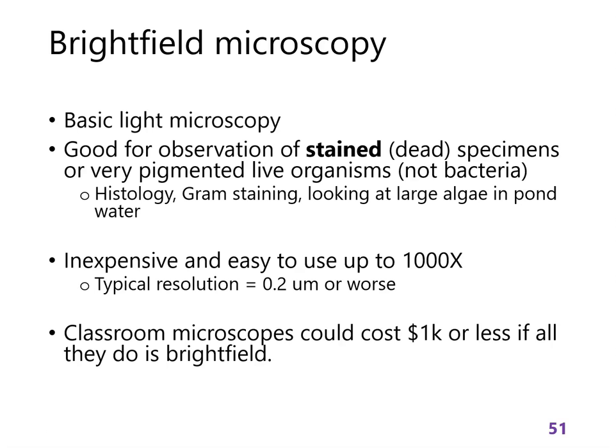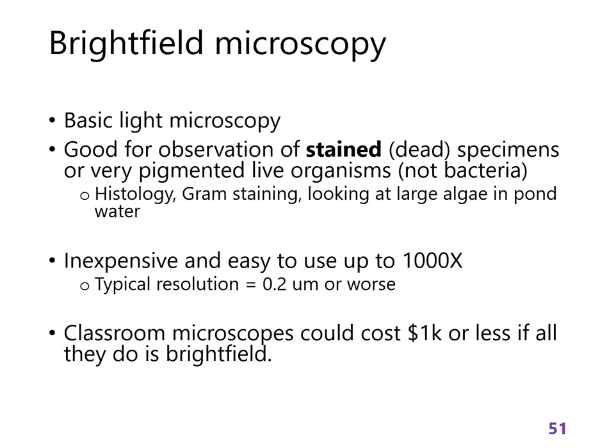Well, the one you're familiar with, if you've done histology, is bright field microscopy. This is where we observe stained specimens or very pigmented organisms. Bright field microscopy gets us a lot of light, but it doesn't give any contrast to our samples. So any cells you look at have to have their own contrast.